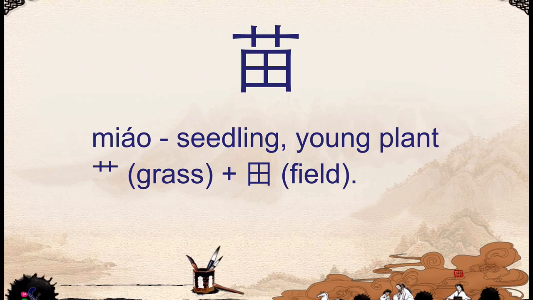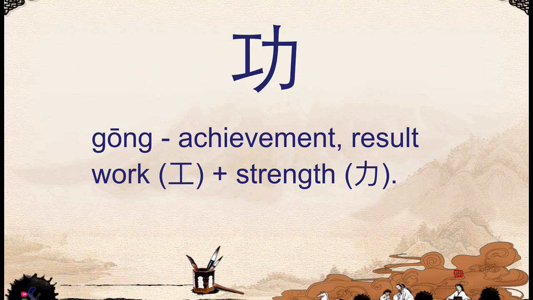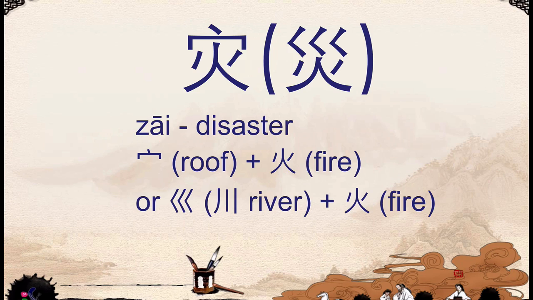Grass plus field is the character for a seedling or a shoot. So this character gong means achievement or result, and it's a combination of the left-hand side, which means work, gong, and the right-hand side, li, which means strength. So work plus strength is the character gong, which means result or achievement.